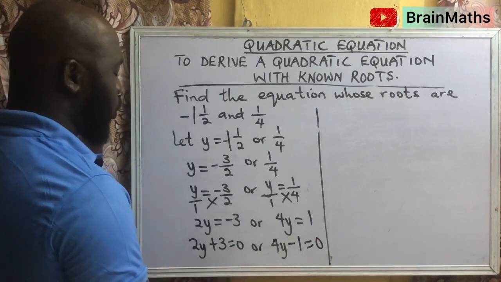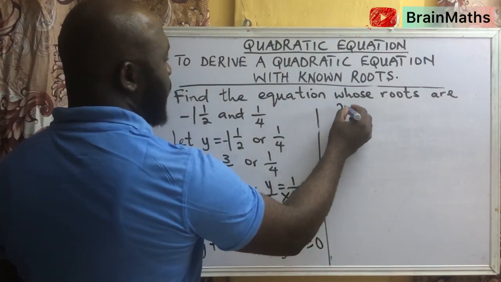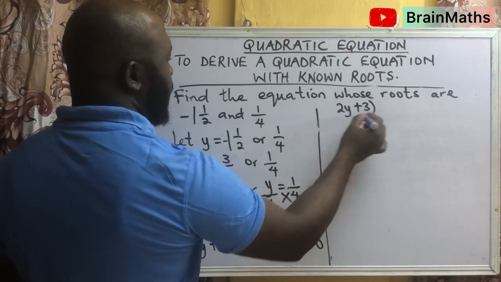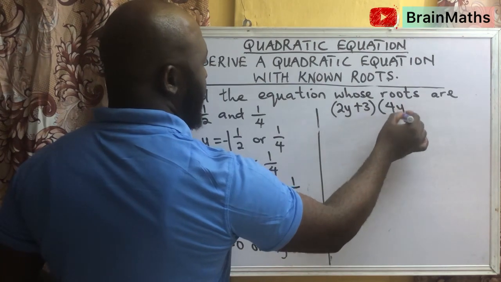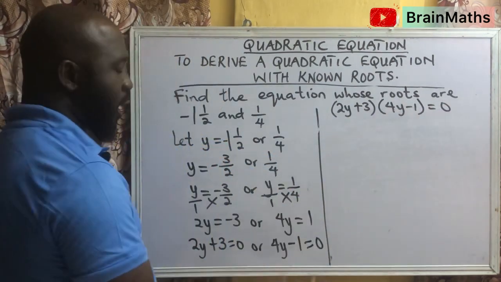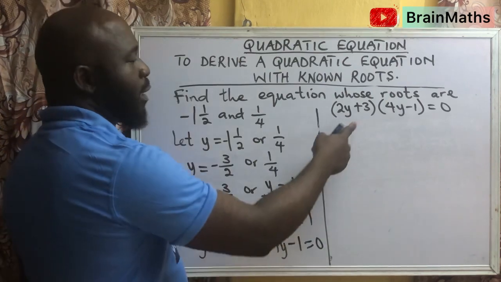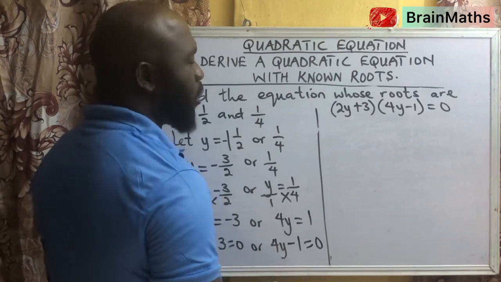So we can bring the two together as one now. So we have 2y plus 3 and 4y minus 1 all equals 0. So we want to try and open this bracket by using the bracket 1 to multiply what is in the second bracket.